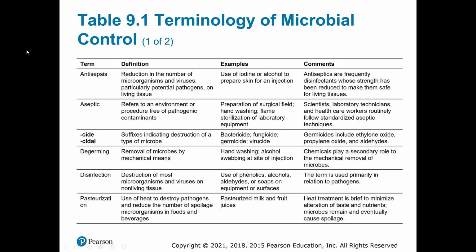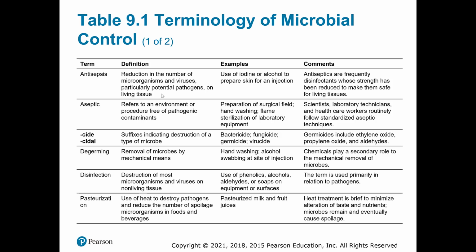Some other terms: antisepsis versus disinfection. Both of these terms are referring to reducing the number of organisms or destroying some or most microbes, but the difference is where are you doing that destruction. If you're using a chemical that is going to reduce the number of microbes on living tissue, then that chemical is an antiseptic.